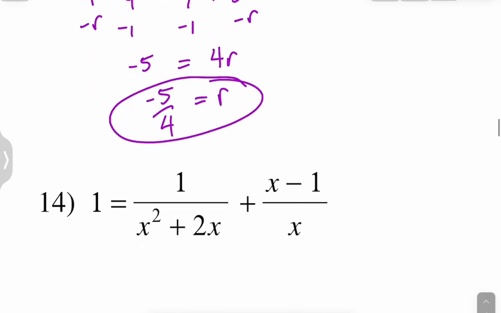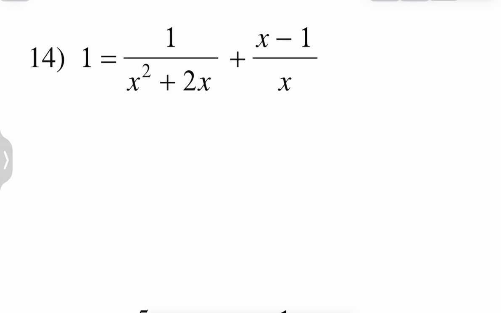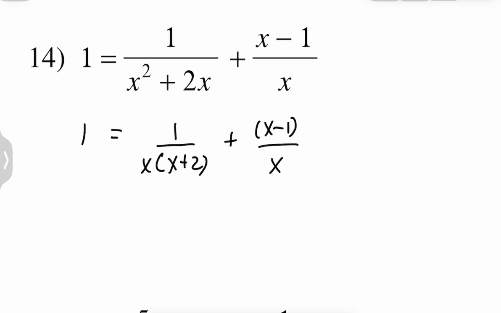Yeah. Let's look at 14. Now the problem with 14 is its denominator is not in factor form. So before I decide what my least common denominator is for 14, I need to factor all of my denominators. And I try to put any binomials and things like that in parentheses.